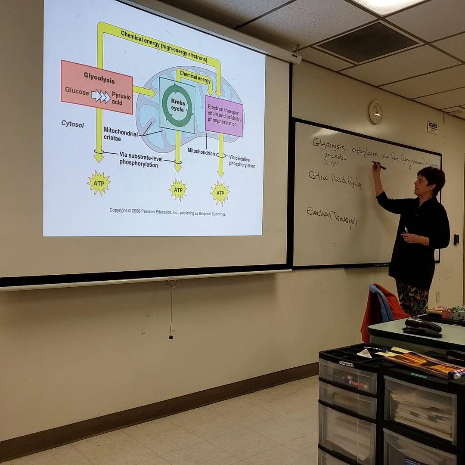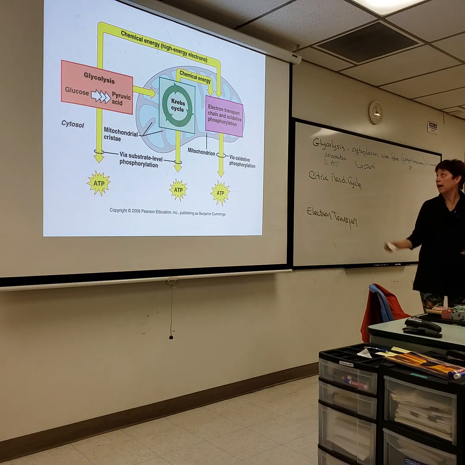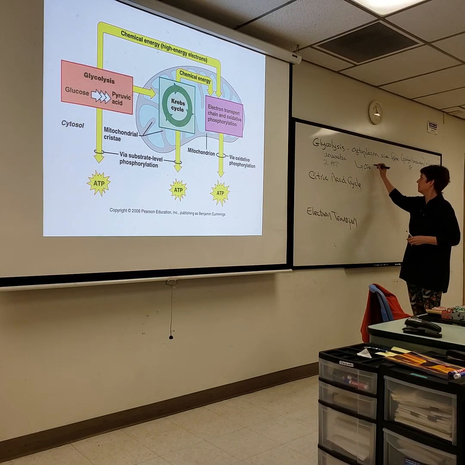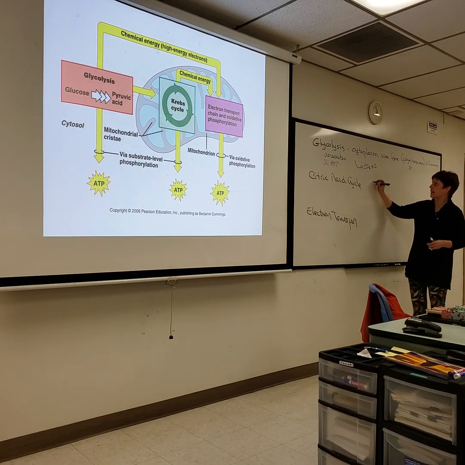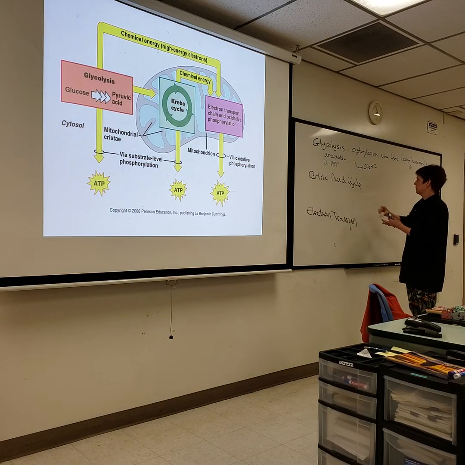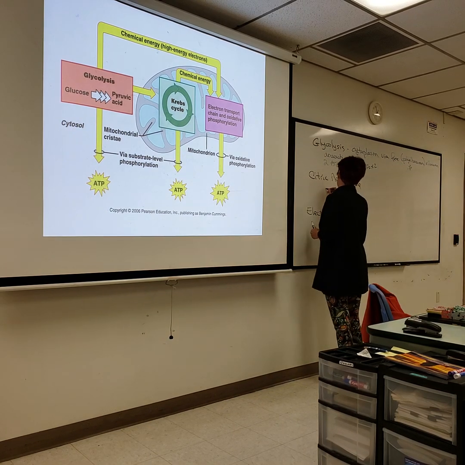Between glycolysis and the citric acid cycle, there is an intermediate step in which carbon dioxide is released. Okay? 2 of them. So this is where the carbon dioxide comes from that we are exhaling in our respiratory cycle. So what we start out with in the citric acid cycle is a 2-carbon molecule. We have 2 of those.